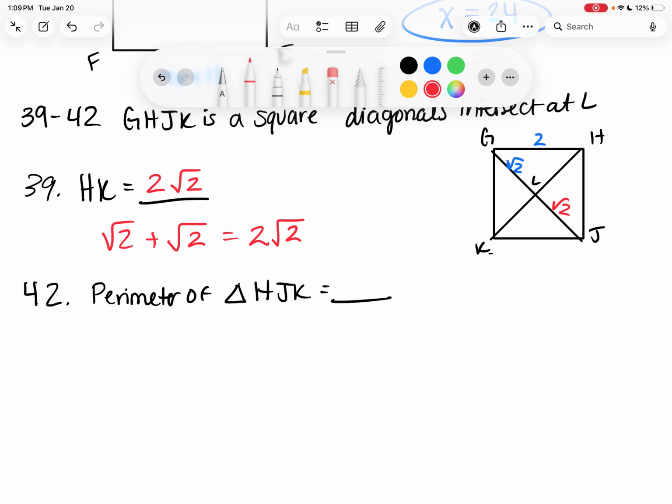So what is side HJ equal to? 2. What is side JK equal to? 2. And then we know that this whole diagonal here is 2 root 2 because we already found that up here. So this is 2 plus 2 plus 2 root 2. We can't add these all together. I can only add these first twos, they're like terms. And so this would be 4 plus 2 root 2.